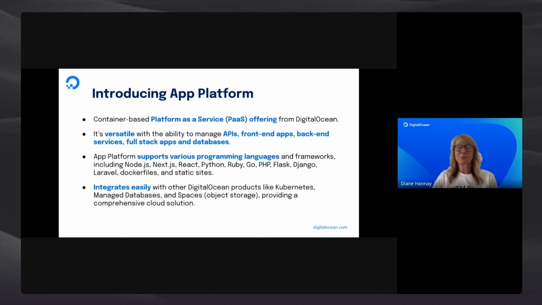App Platform also supports various programming languages and frameworks, including Node.js, Next.js, React, Python, Ruby, Go, PHP, Flask, Django, Laravel, Dockerfiles, and static sites. It integrates easily with other DigitalOcean products like Kubernetes, managed databases, and Spaces object storage, and essentially provides a very comprehensive cloud solution that's an alternative to the hyperscalers.